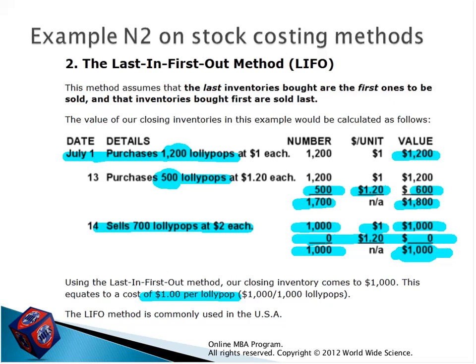First, we must take the 700 lollipops and sell them, right? We must get these 700 lollipops from the second purchase, but in the second purchase we have only 500 lollipops. So we take these 500 lollipops and another 200 for selling we get from the first purchase. And then we are left with only 1,000 lollipops.